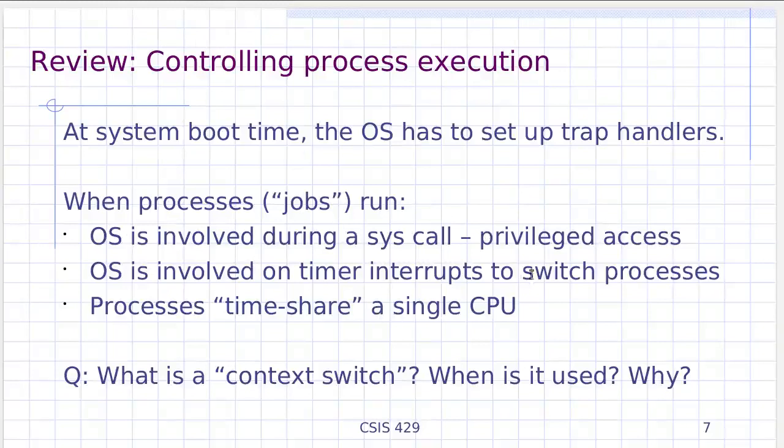On Linux, most of the time, each process gets about 200 milliseconds, and then after that it has to give up its time slot and allow some other process to run for 200 milliseconds or less if you're doing I/O. The idea is that processes time share a single CPU.